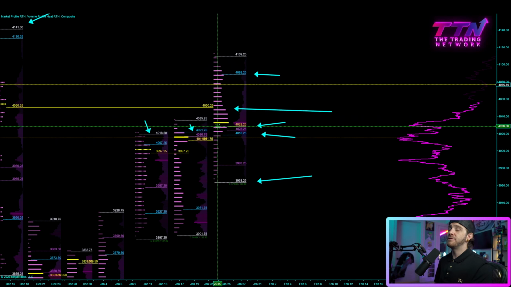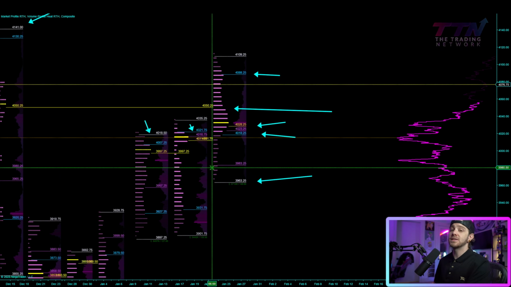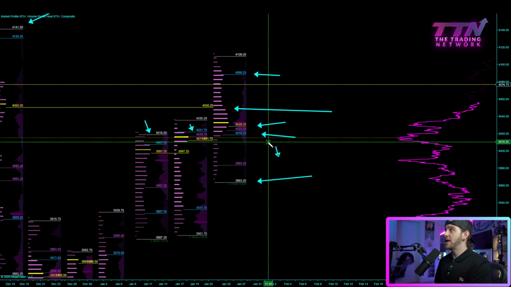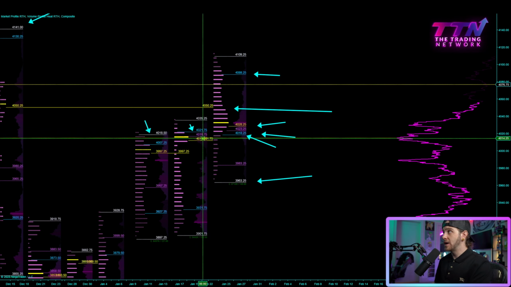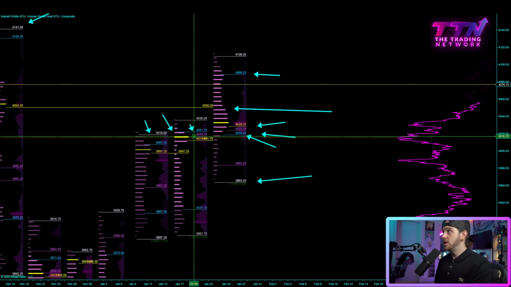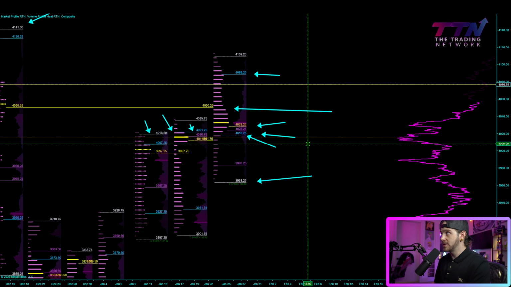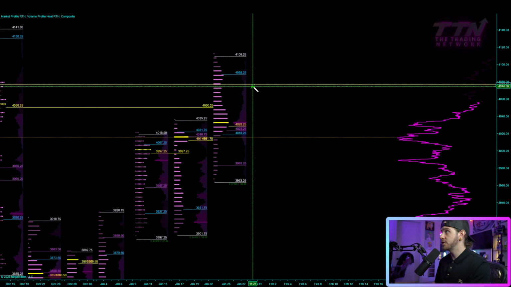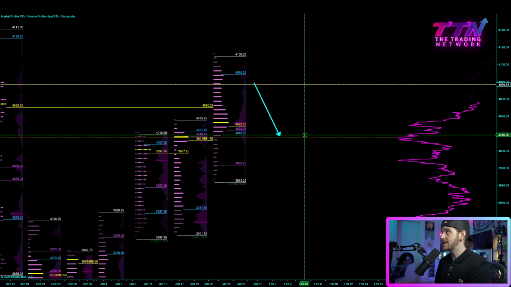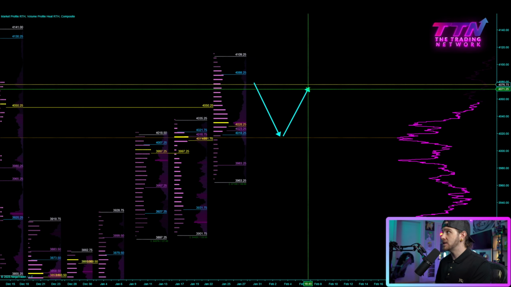But now the value area low from our most recent session is a previous resistance area. So we have had this level, which is now support, be shifted from prior resistance.